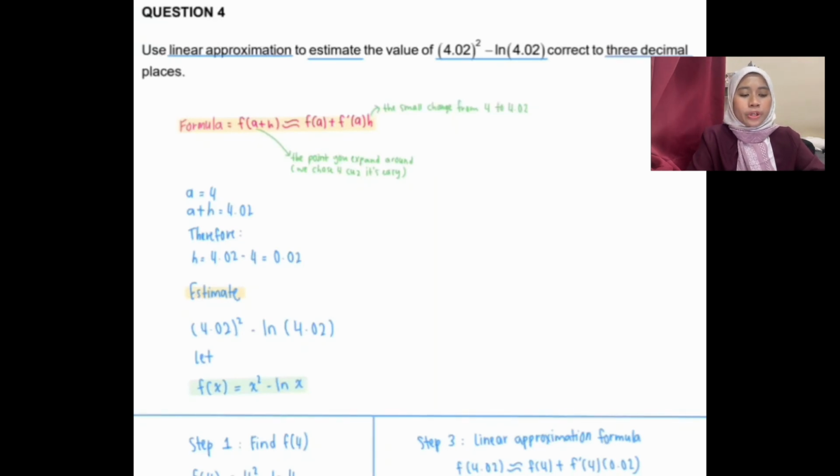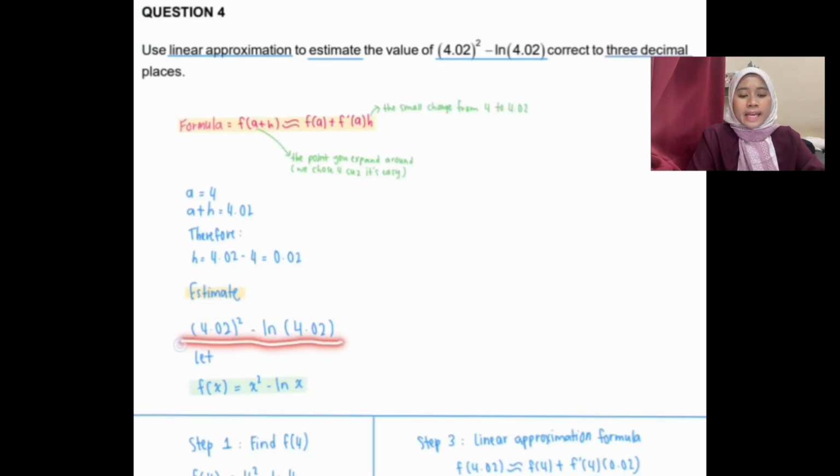Basically a is the point you expand around, and h is the small change from 4 to 4.02. So based on the question, a is equal to 4, and a plus h is equal to 4.02. Therefore, h is equal to 4.02 minus 4, so we get 0.02.